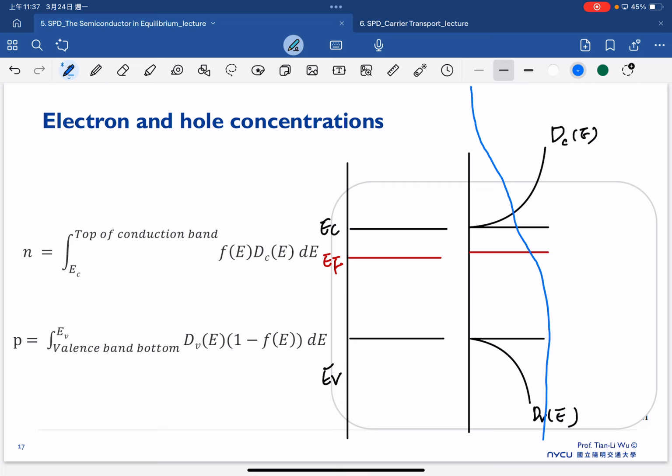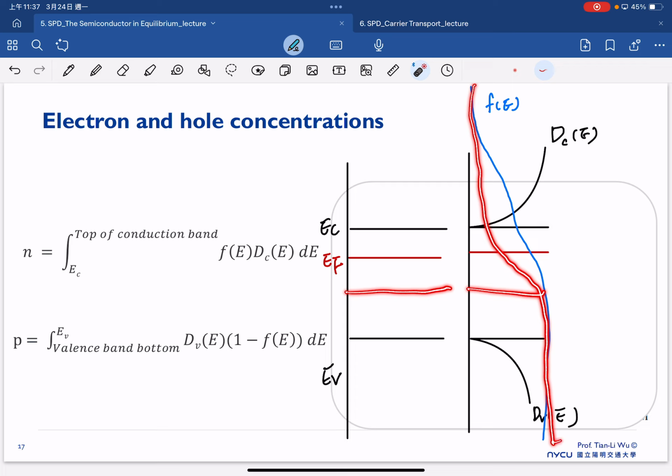So this is our FE here. In the past, we had it in the middle, so your curve looked like this. Sorry, I should draw more precisely.